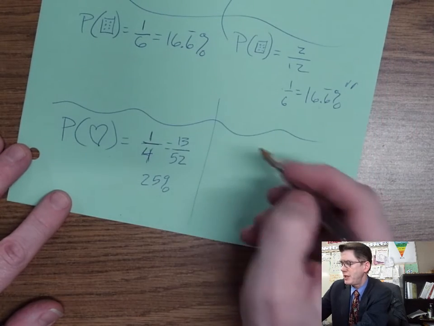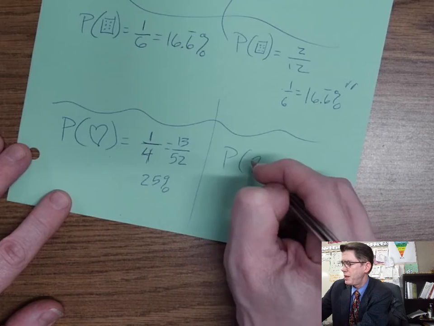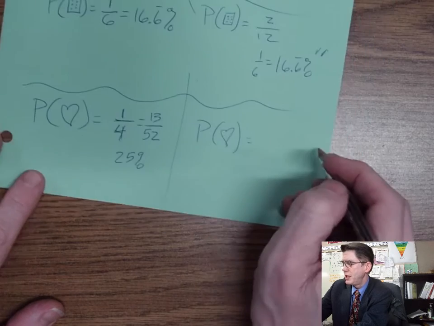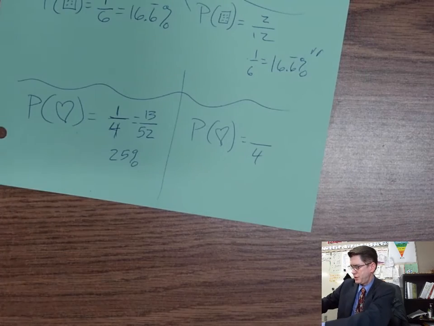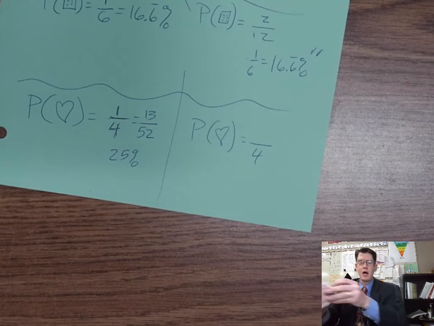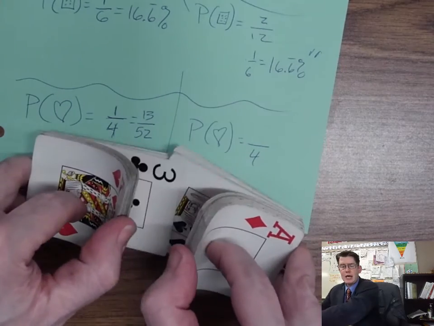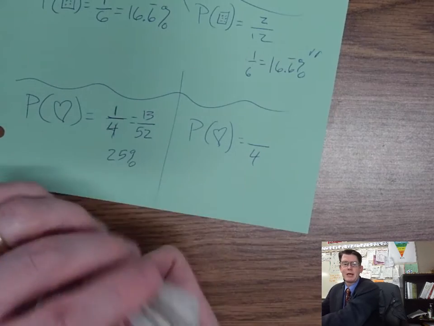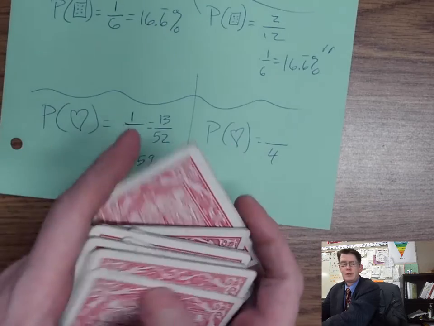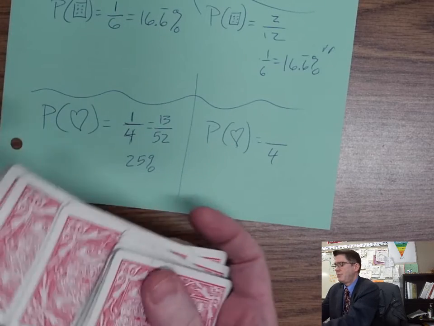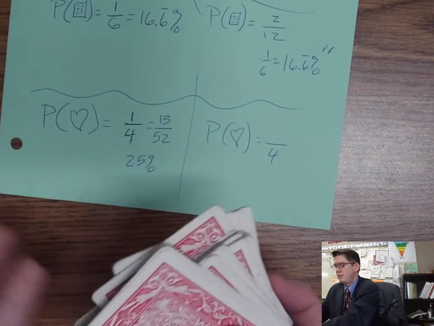So let's do this. Let's pick hearts and see how many. I'm going to pick 4 cards, and when I pick these 4 cards, how many times am I going to get a heart? Let's get these nice and shuffled. Try to make this nice and random. Pretend I have no idea what's going on here.